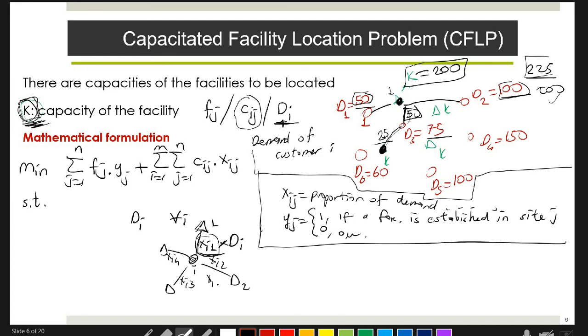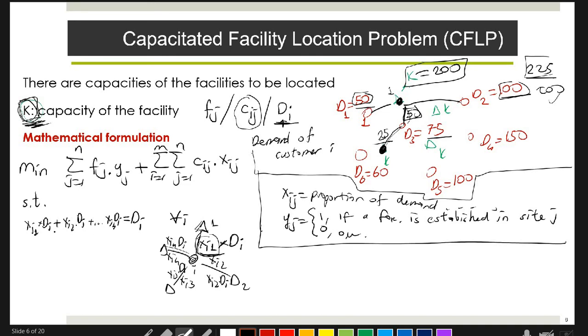Similarly, this is Xi2 times Di, this is Xi3 times Di, and this is Xi4 times Di, the amount of material that we are sending. Then what should we have? We should have Xi1 times Di plus Xi2 times Di, up to Xi4 times Di from all facilities. This should be equal to Di itself. I mean, all the demand must be satisfied.